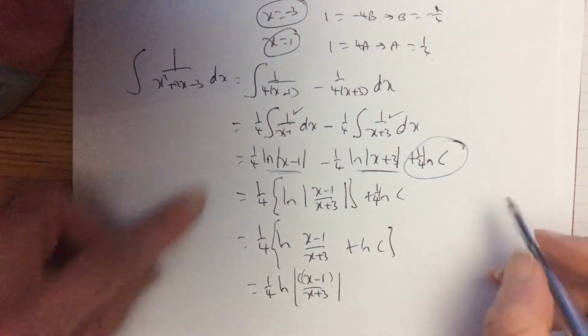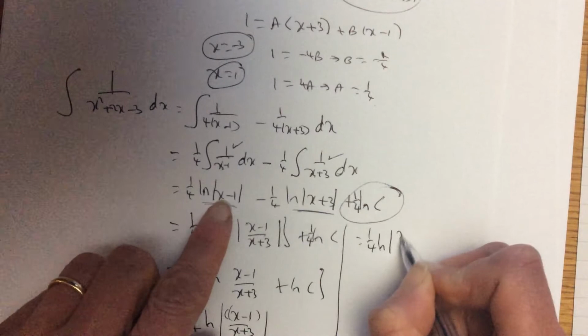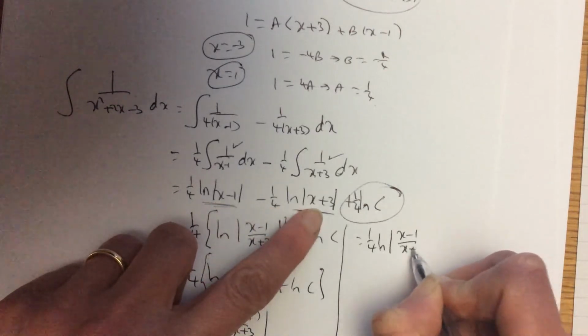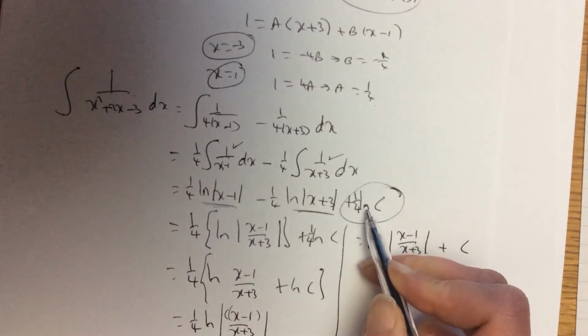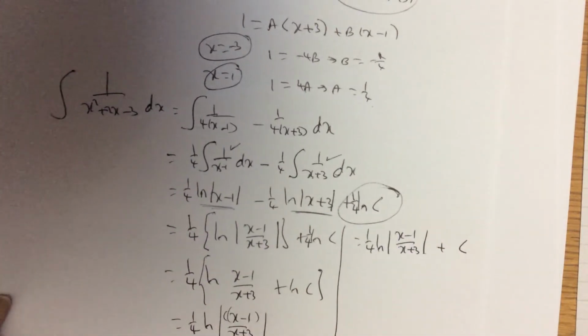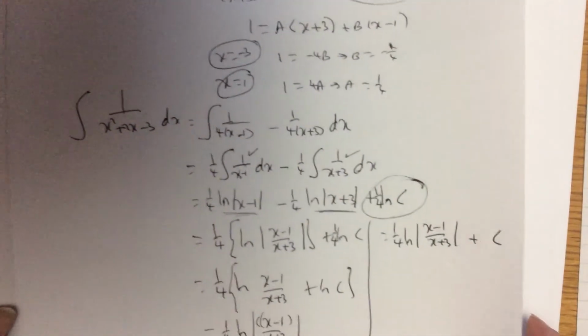So you could just write that here as a quarter log of x minus 1 over x plus 3 plus c. So you can manipulate that to suit yourselves when you're doing that question. But I just wanted to show you a different way of writing it out. If you can't follow that way, don't be stressing over that.